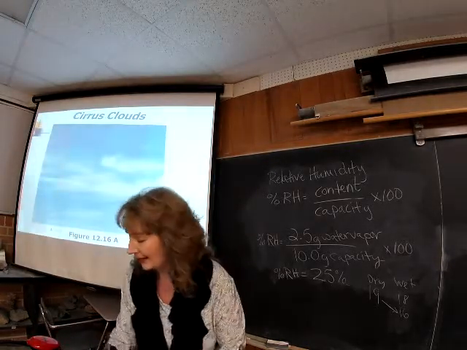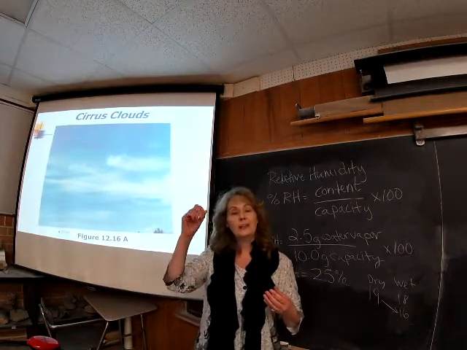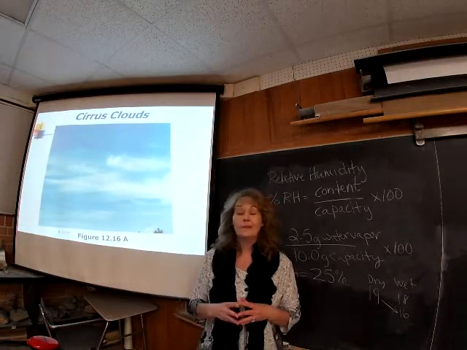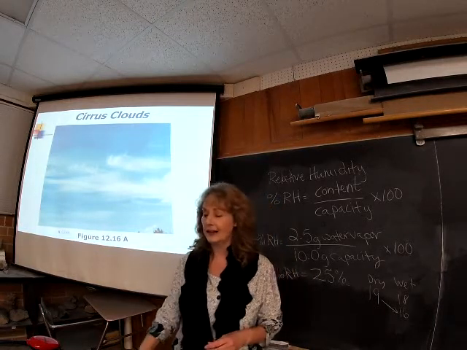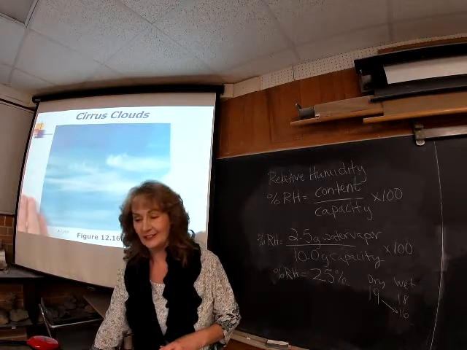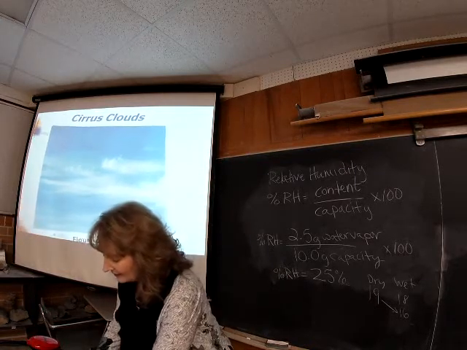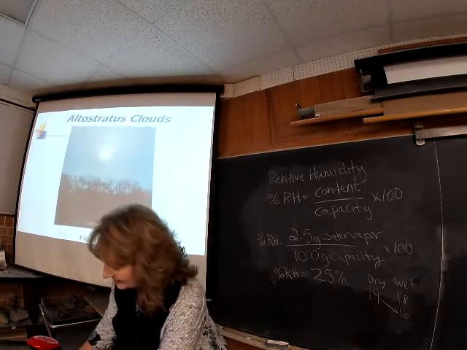There are your cirrus clouds. Very thin, wispy, almost like a little paintbrush stroke, formed of ice crystals, right? So these would be very high clouds, thin and wispy, very beautiful clouds. Then they've got what we call the altostratus.